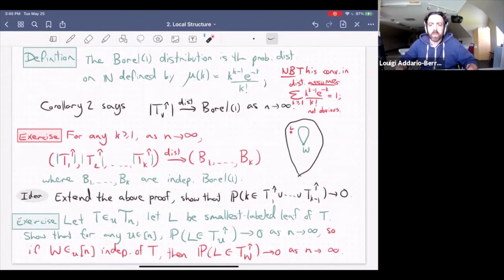You might recall from last class, we saw that the degree of a typical node is asymptotically Poisson. And so if the degree of a typical node is asymptotically Poisson, and the size of this typical tree is asymptotically Borel, that suggests some connection between the Borel distribution and Poisson-Galton-Watson trees or Poisson branching processes.